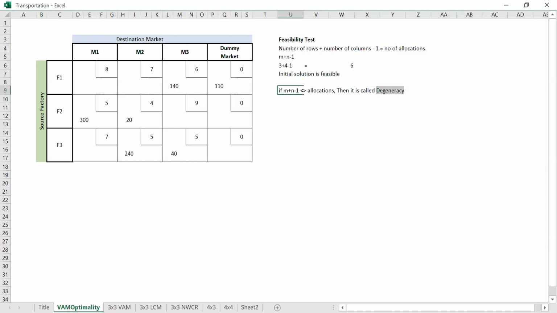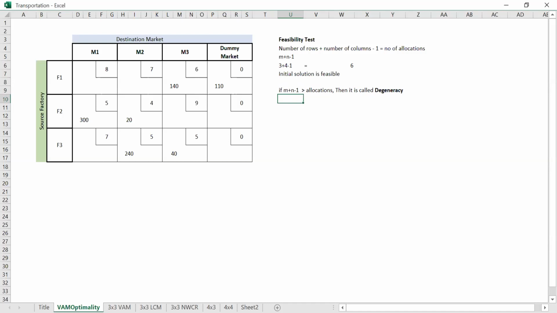Remember this term, degeneracy, where number of allocations is not equal to M plus N minus 1, or we can say the number of allocations is less than or more than M plus N minus 1. So you will not have 6 allocations, you will end up with 5 allocations in this case. Then it's called a degeneracy.